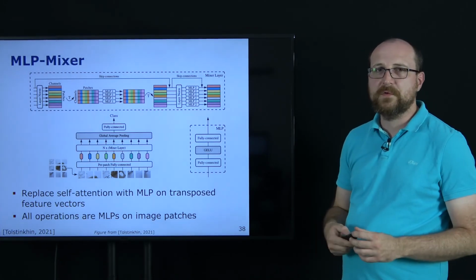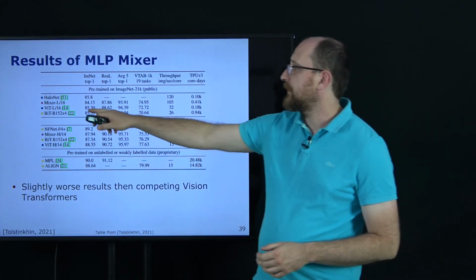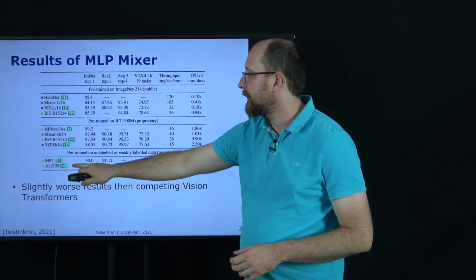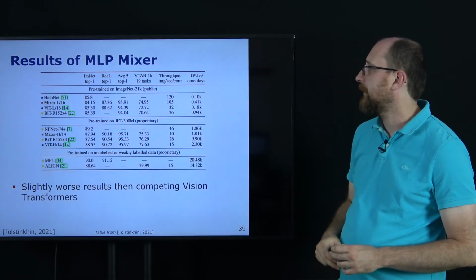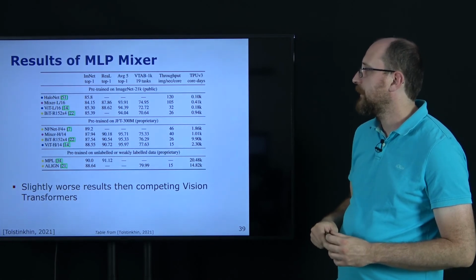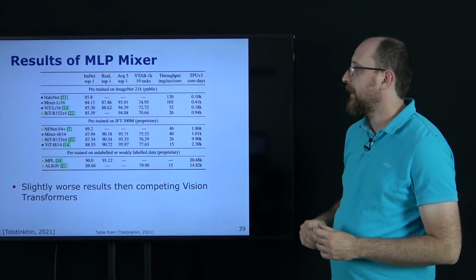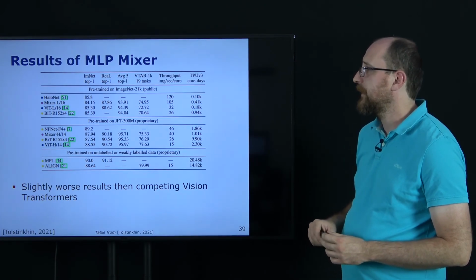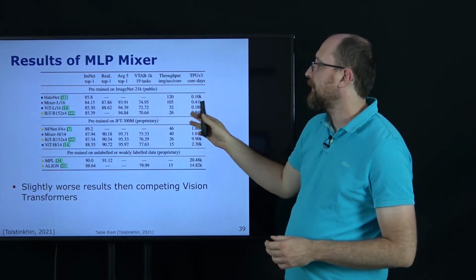So when we now look at the results again, we see that this so-called mixer architecture, here the purple dot, gets very similar results to the vision transformers, but also to the other convolutional neural networks on different datasets.